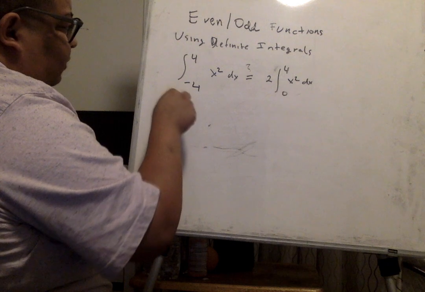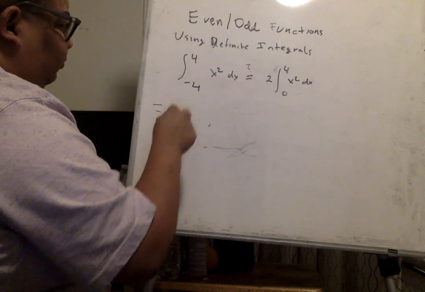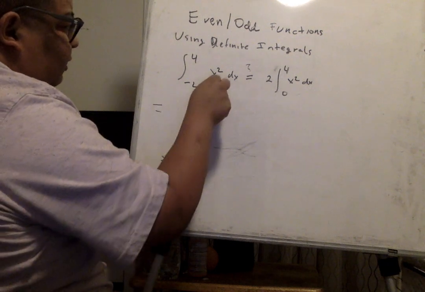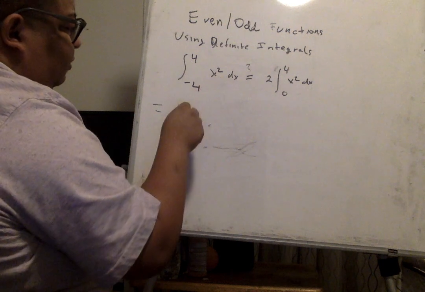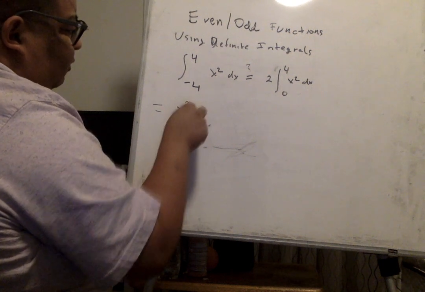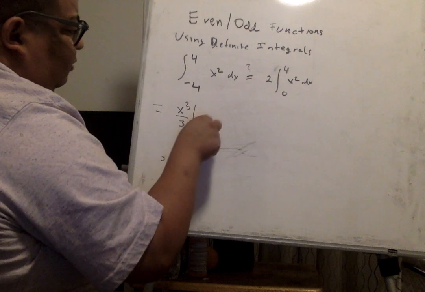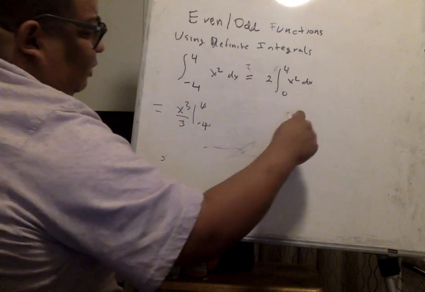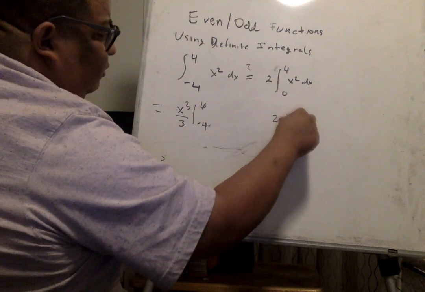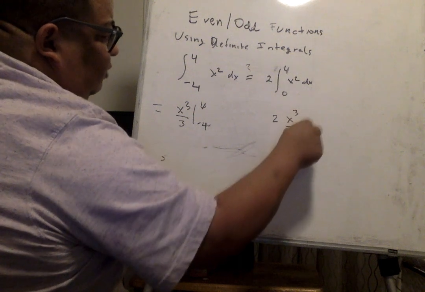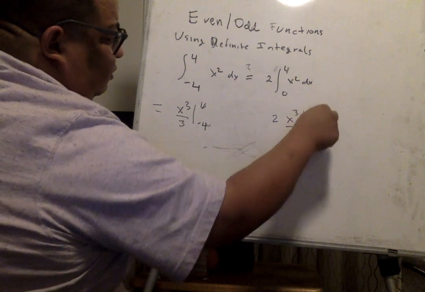So we compute this integral here. The antiderivative of x squared is going to be x cubed over 3, and we're going to go from negative 4 to 4. And here we're going to do 2 times x cubed over 3 going from 0 to 4.